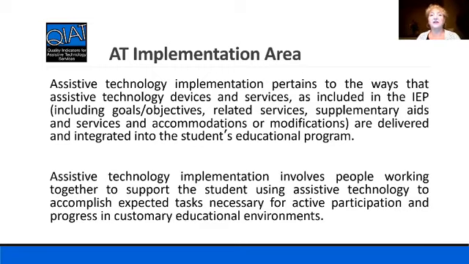These are things that are included in children's IEPs, the related services, supplementary aids and services, and accommodations and modifications, all the things that we use to deliver assistive technology into a student's plan. It also involves all the people, the planning, how they organize assistive technology services, and how the services help to maintain equipment. And we're going to talk about these areas further.